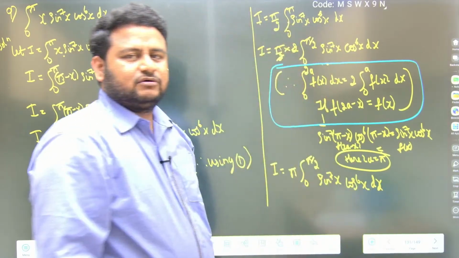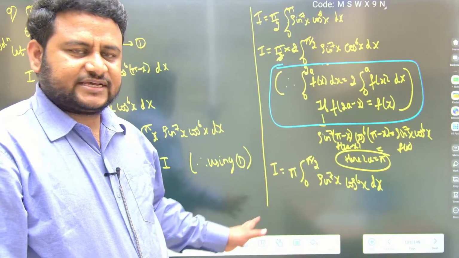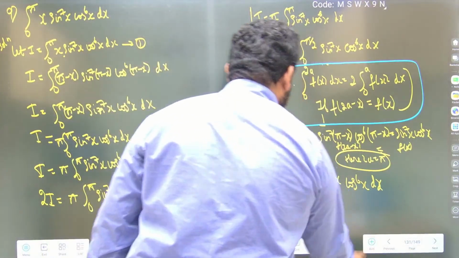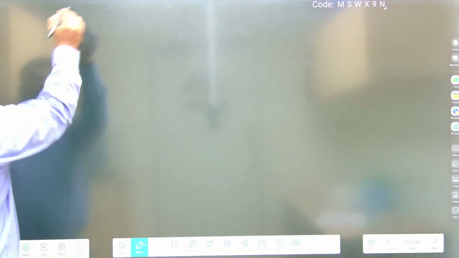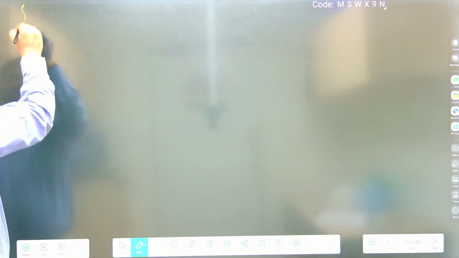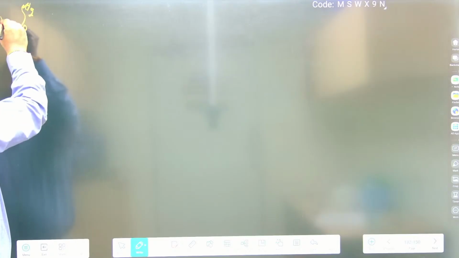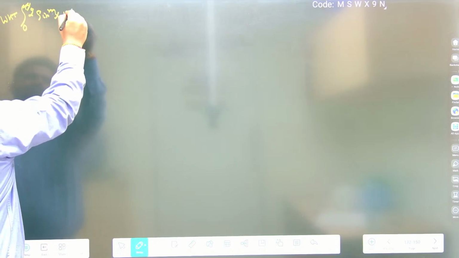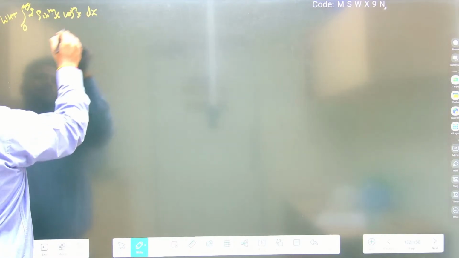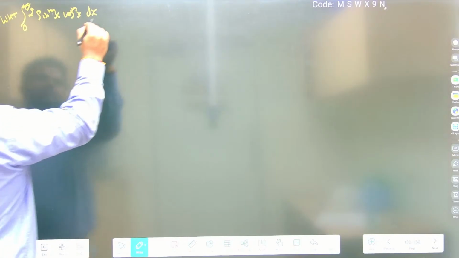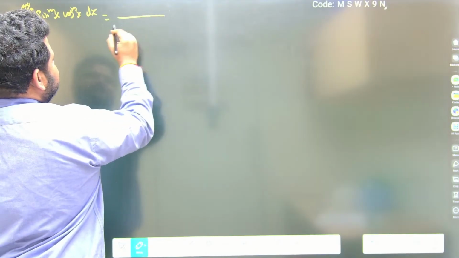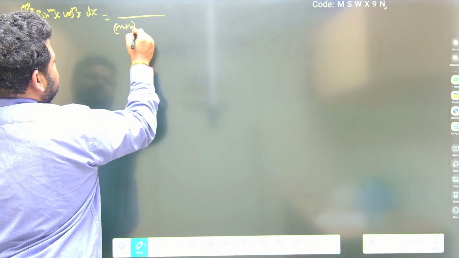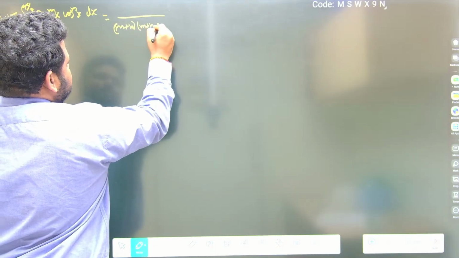Now in LAQs we are doing this. In SAQs we know that we have one formula, correct? Very important and famous formula: integral 0 to pi by 2 of sin power m x into cos power n x dx is equal to, denominator m plus n into m plus n minus 2, m plus n minus 4, it goes on like this.